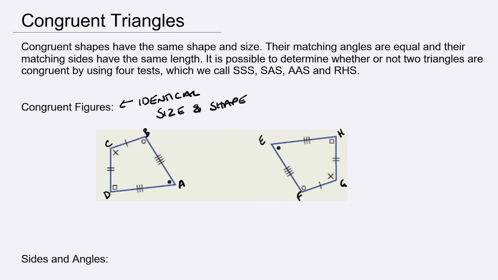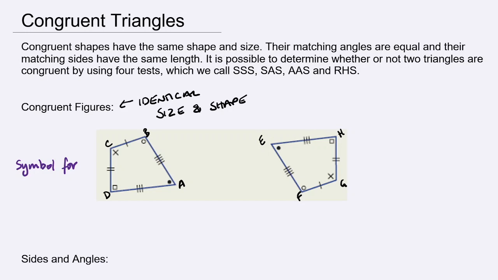But these two shapes are congruent. Okay. Now, if I want to say that they're congruent, I would use a symbol, because I don't want to have to write out the word congruent every single time.